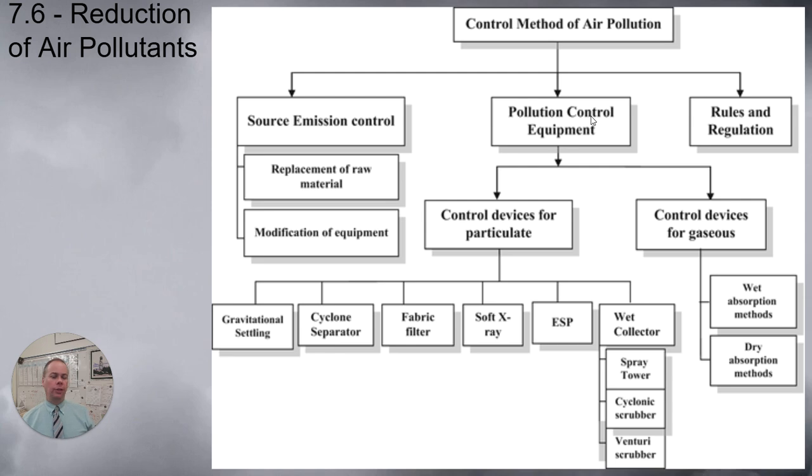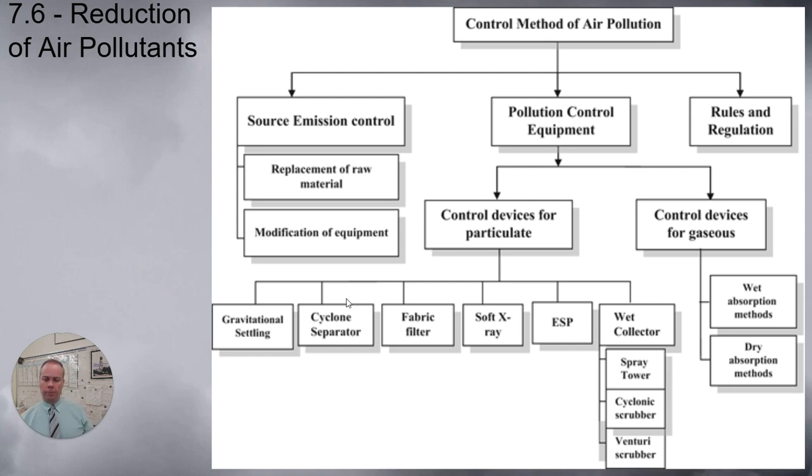Another is to install certain types of pollution control technology that remove some of the pollutants from the waste gas that's being released. And so you have different ways of doing that, and we'll talk about some of those. So there are some devices that are used to control particulate matter. We could see some of those: cyclone separators, wet collectors and scrubbers, fabric filters.